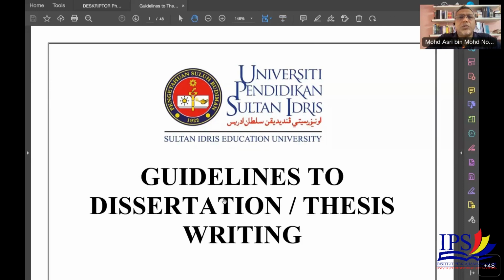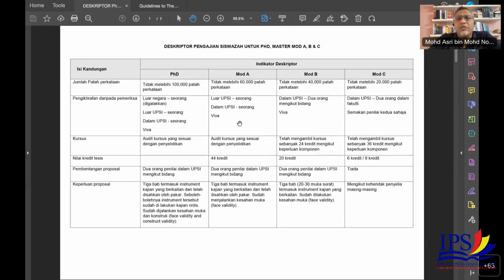For example, if you're doing a PhD, the word count for the thesis should be about 100,000 words. If you're doing a master's research thesis, the word count should be not more than 60,000 words. If you're doing a mixed mode thesis, then your word count should be not more than 40,000 words.